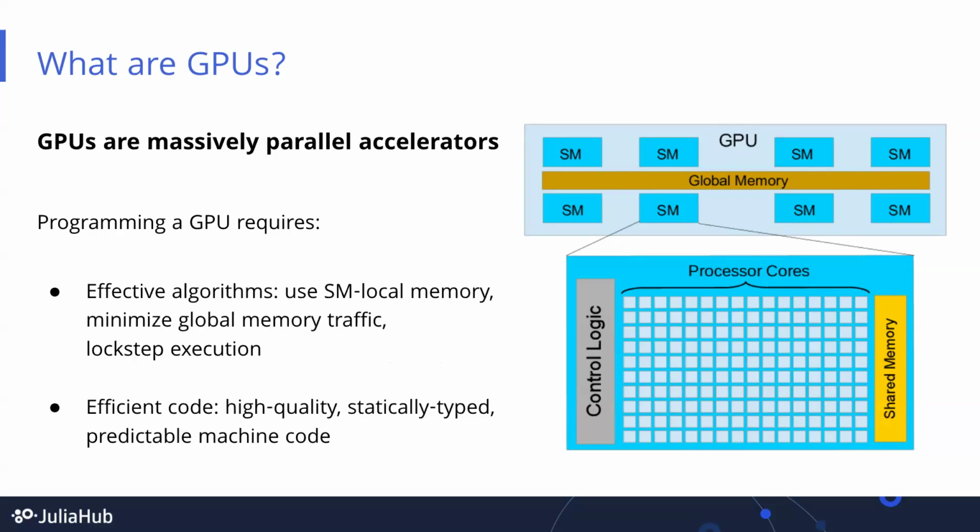So what does it boil down to? If you want to program a GPU, you typically require different effective algorithms that know how to address this huge amount of parallelism in a way that also efficiently uses the resources you have at your disposal. For example, you cannot be going to global memory all the time.